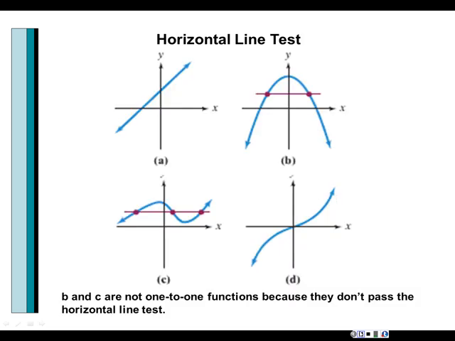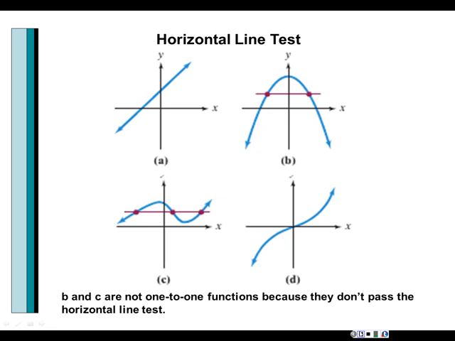Now let's look at these examples. Look at the graph A. What do you think? Is that a one-to-one function? Yes, because you cannot draw any horizontal line such that it intersects that line at 2 points. But you can easily draw a horizontal line for B which intersects at 2 points.